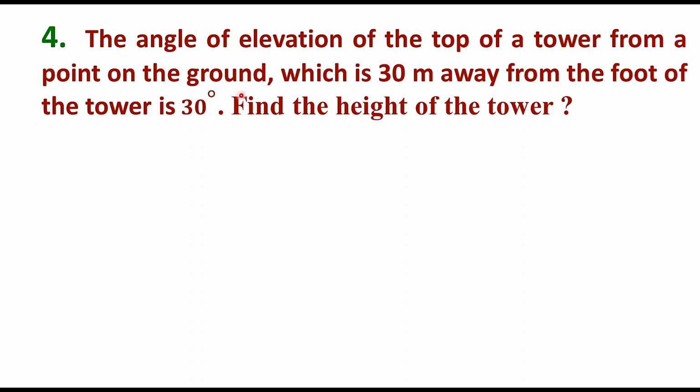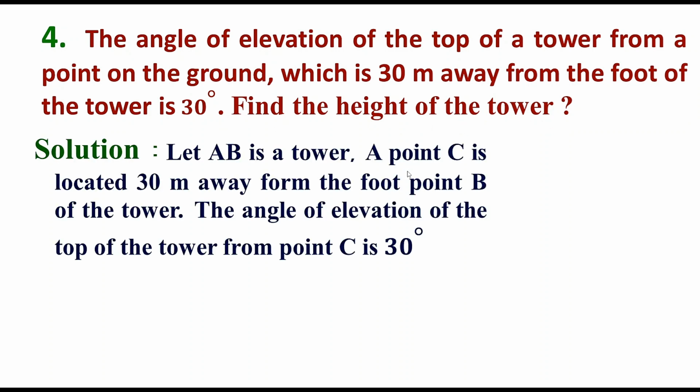the ground which is 30 meter away from the foot of the tower is 30 degree. Find the height of the tower. To solve the question, we again let AB is a tower. Here AB is a tower.